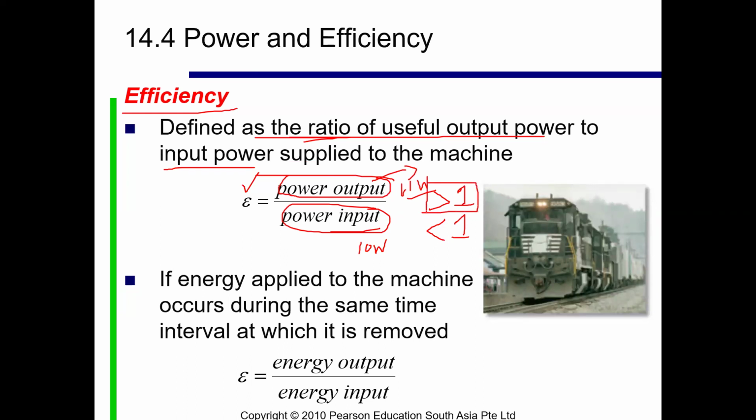You cannot do that. The input power is always higher. What you provide at the input, and then there are several losses in the system, so when it comes at the output, it is reduced. So efficiency is always less than one.